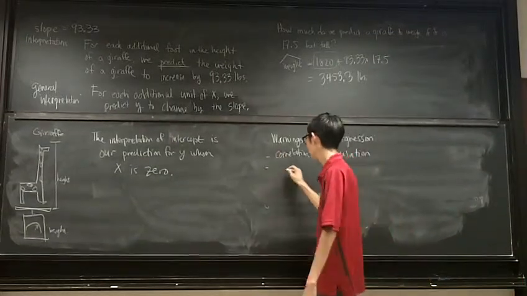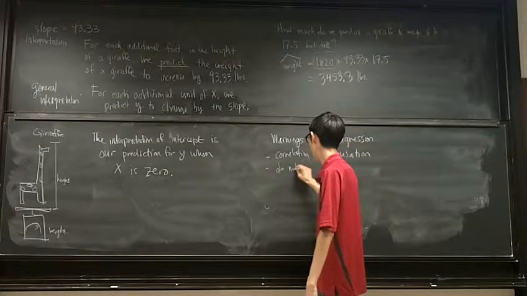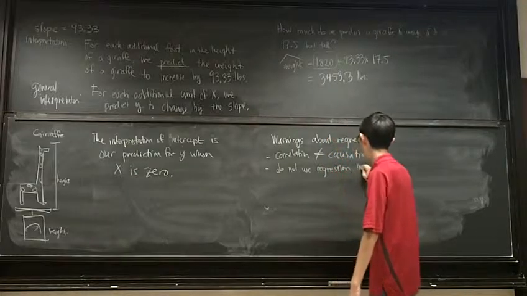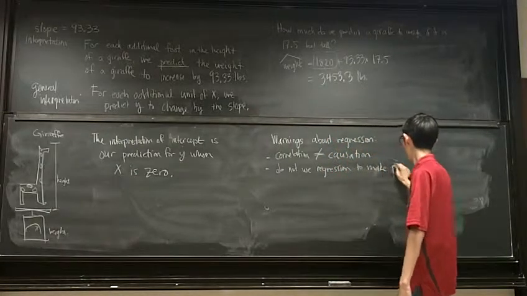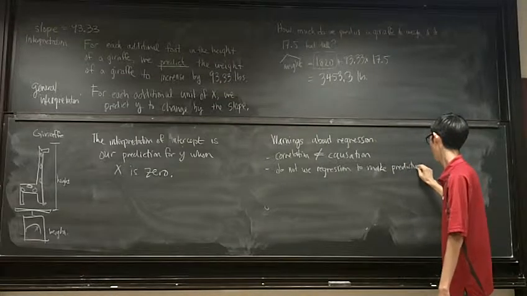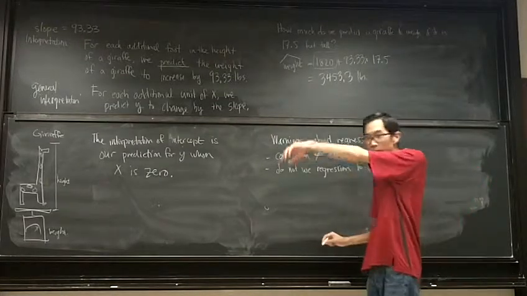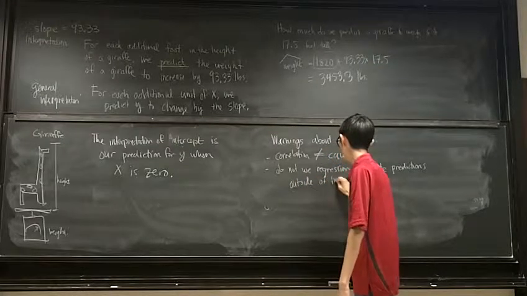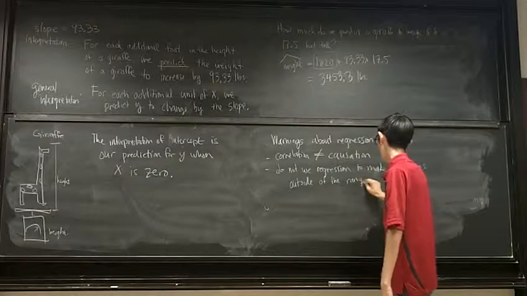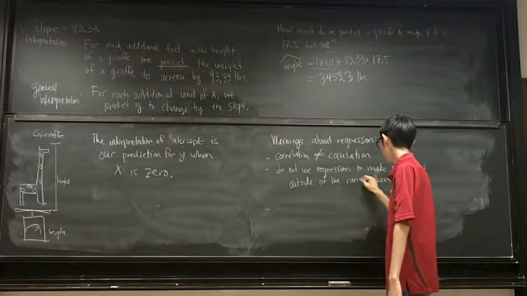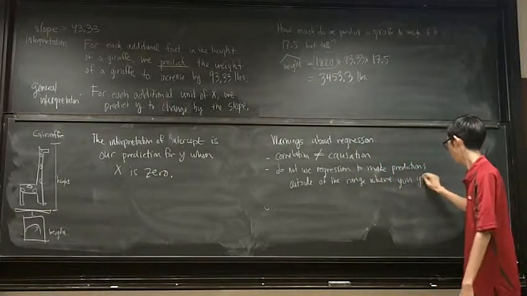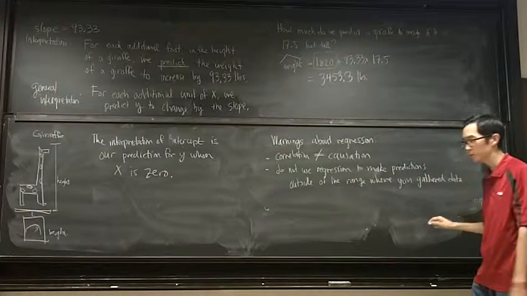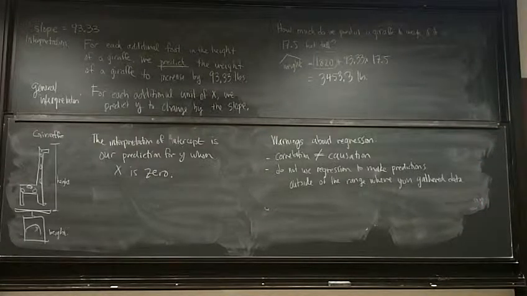The other is, do not use regression to make predictions outside of the range where you gather data. People do this all the time in bad science reports.